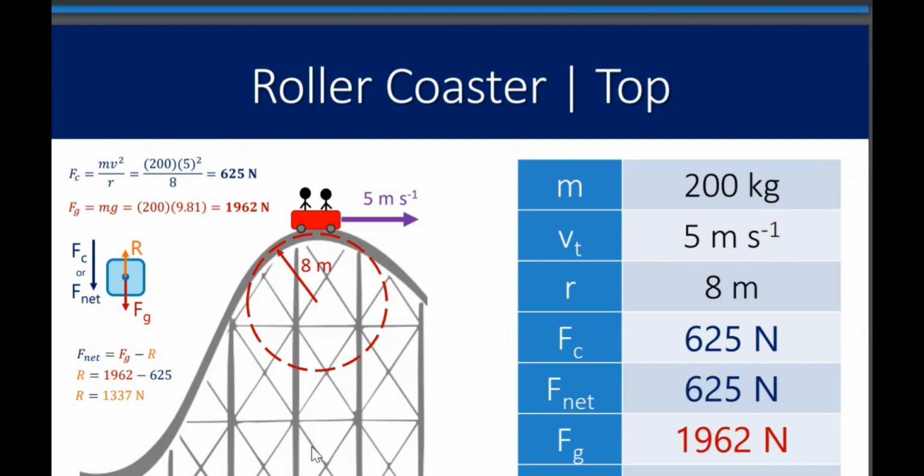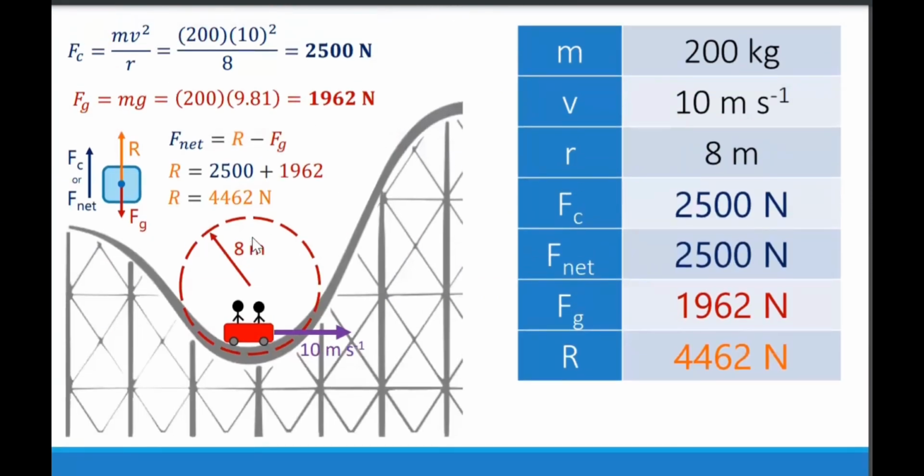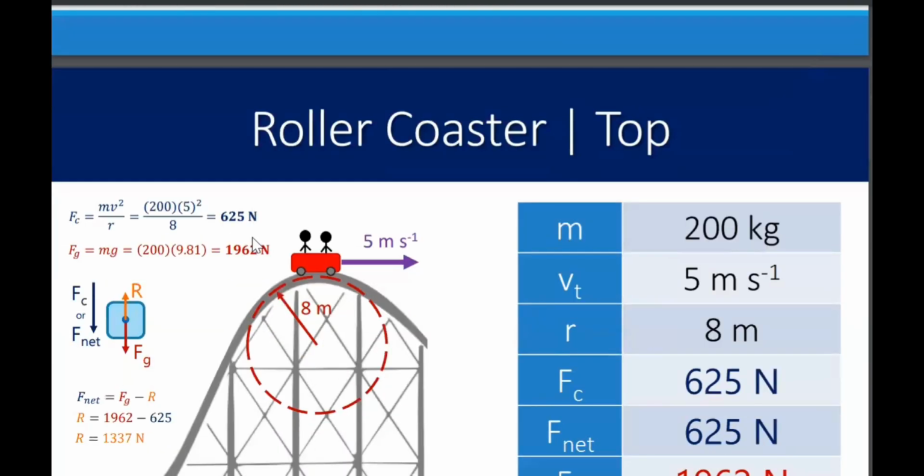Now, if you notice here, the net force is 1,337 newtons on the top of the track, and when it's at the bottom of the track, it was 4,462 newtons. Right? So that tells us that on the bottom of this track here, there is a greater centripetal force than when it's at the top.